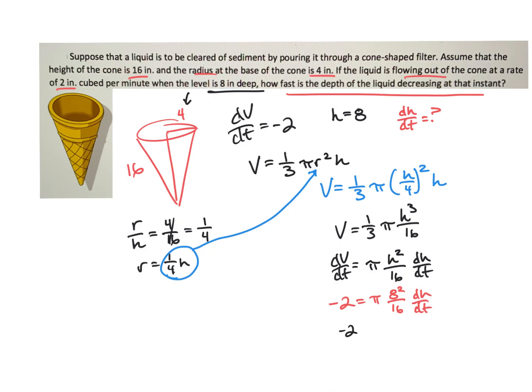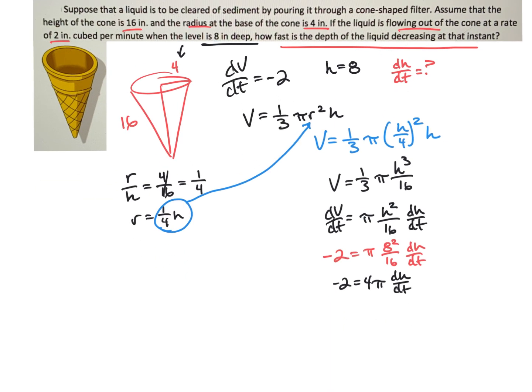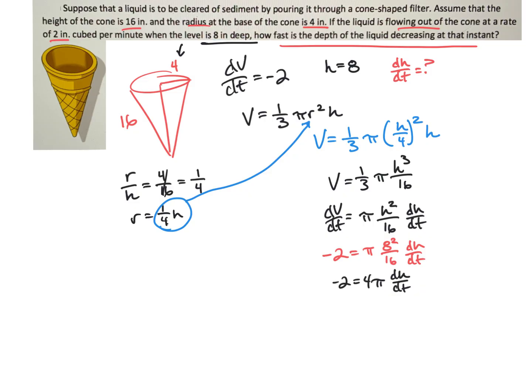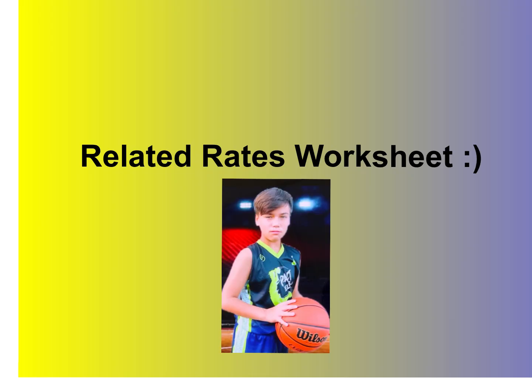So now I have -2 is equal to 4 pi dh/dt. And so then what do we need to do? Divide by 4 pi. So now we have -2 over 4 pi, which can simplify to -1 over 2 pi.